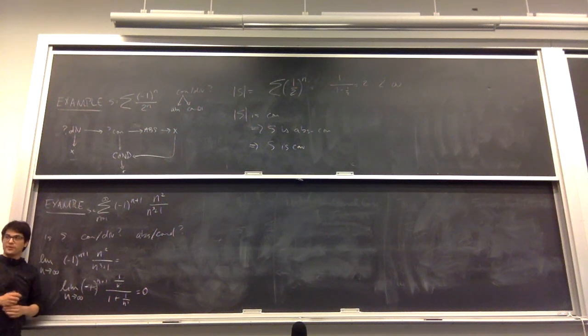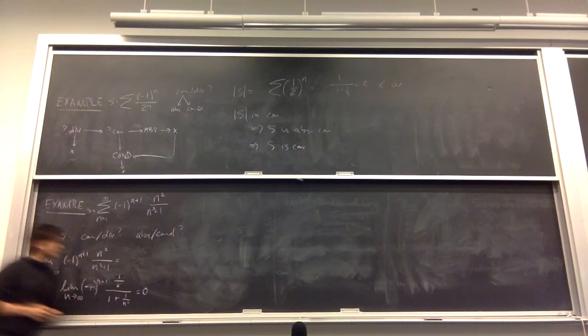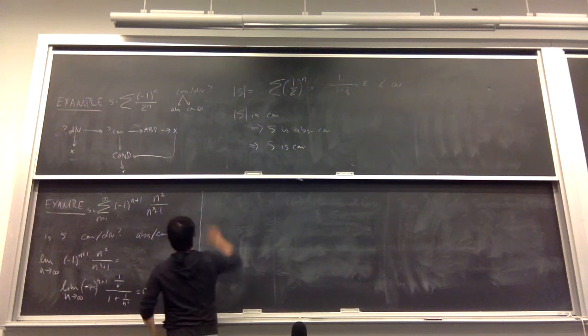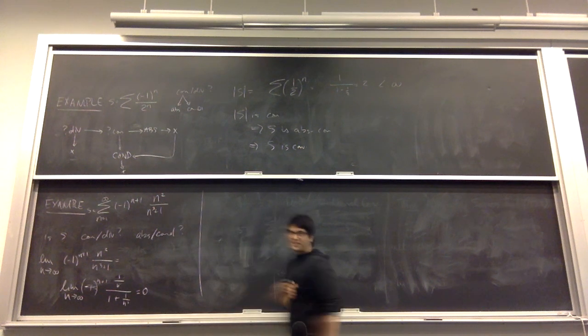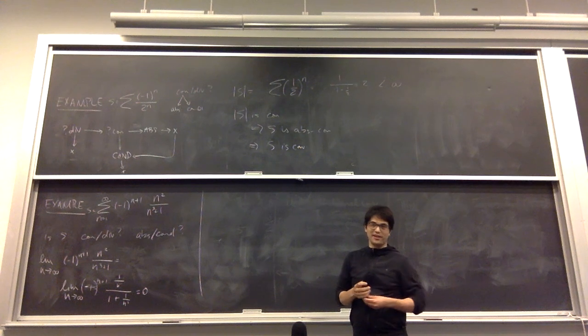Okay. So the limit of the terms here goes to 0. So what can we conclude? That the series converges to 0? No, because there's a negative. What can we conclude here? But it's not divergent. No. That's the closest one, though. Nothing.